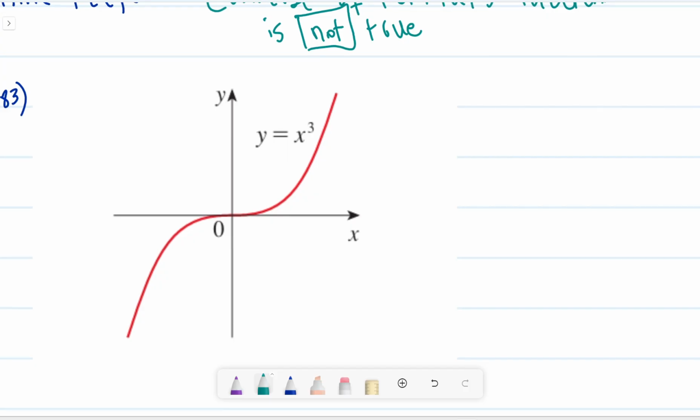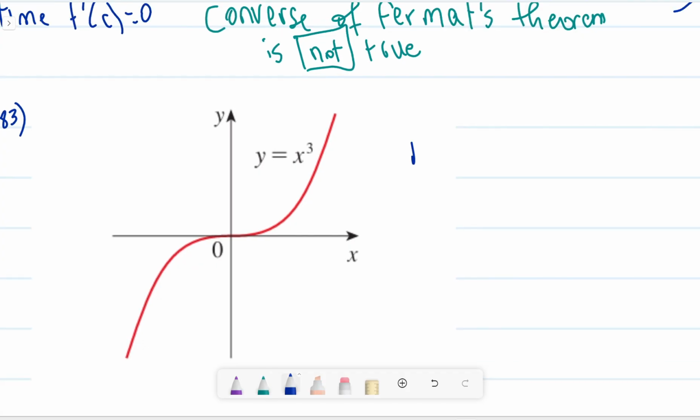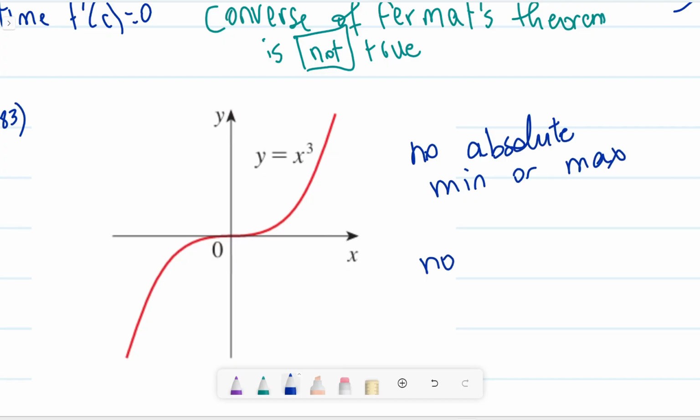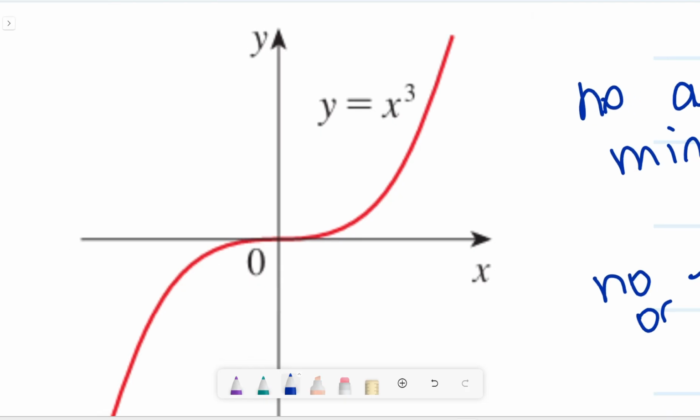So in the graph of x cubed, again, we did look at this graph a few minutes ago, and we noticed that there is no absolute minimum or maximum. And I would like to add that there's also no local minimum or maximum. Now let's look at the graph. When x equals 0 and y equals 0, if we were to draw a tangent line at this point, we would get a horizontal tangent line.